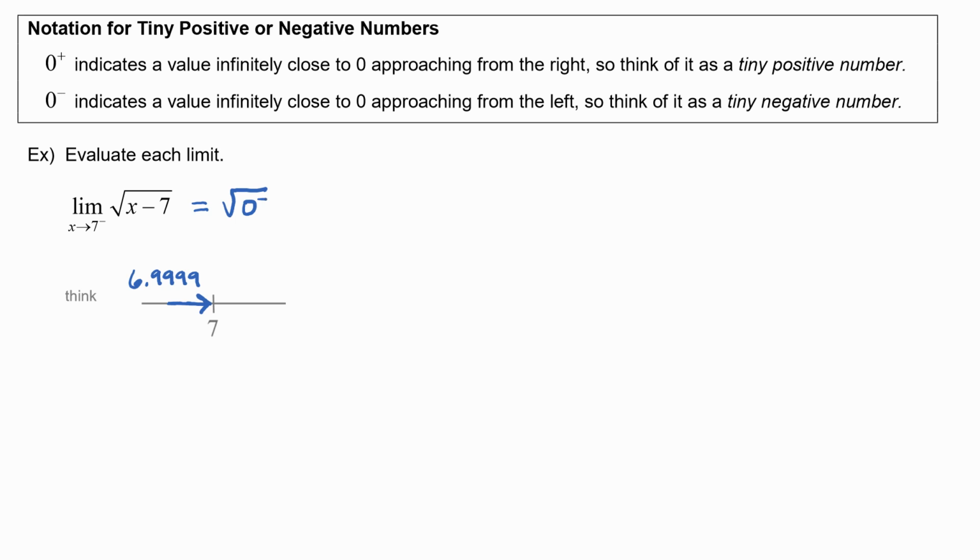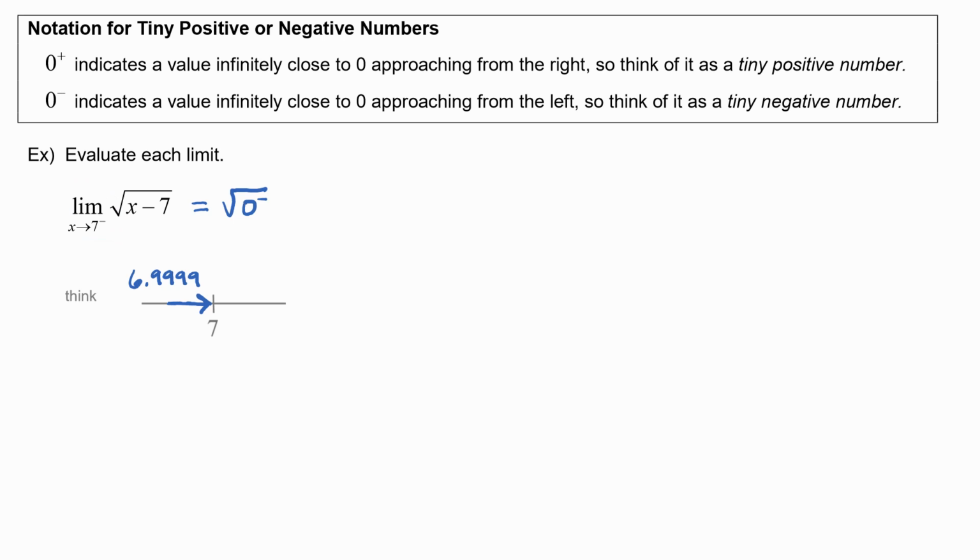And just to be extra clear here, we don't actually plug in the exact value 6.9999. We don't know what the x value is. We just know that it's infinitely close to 7 coming in from the left.